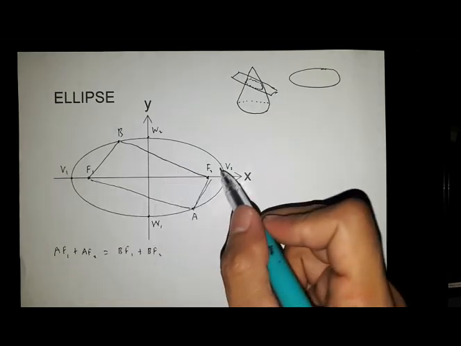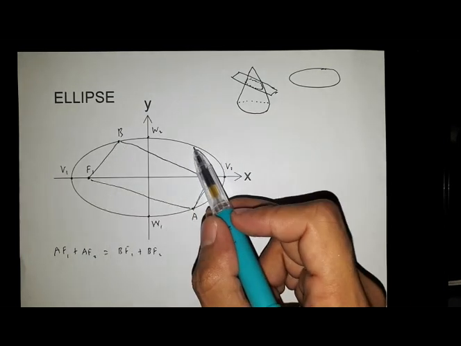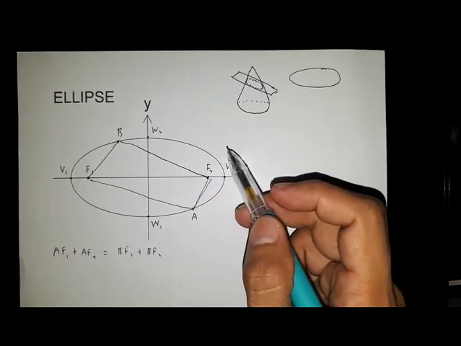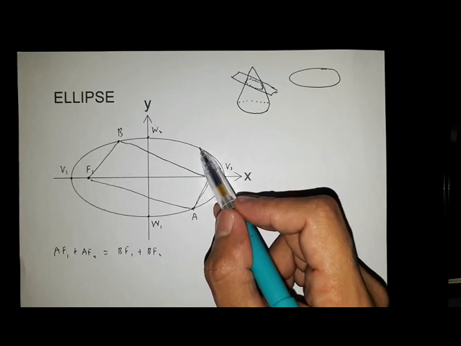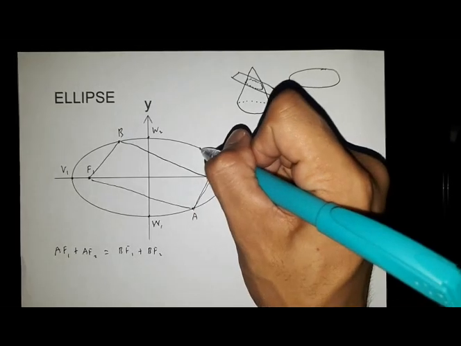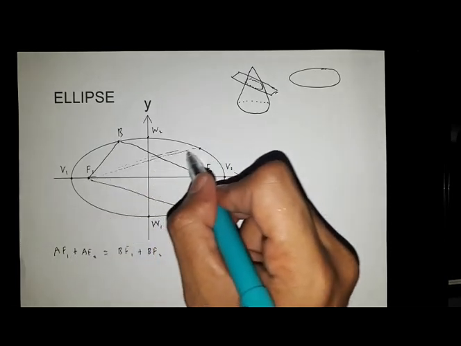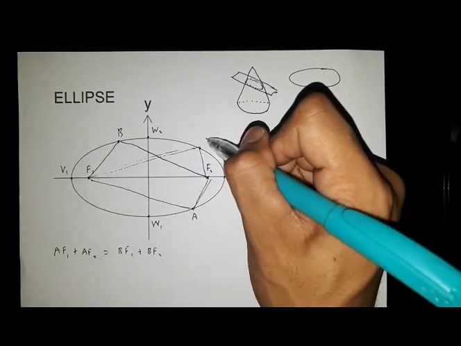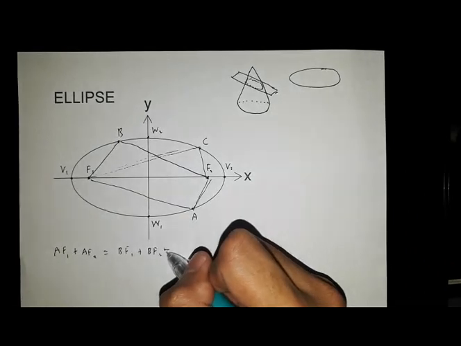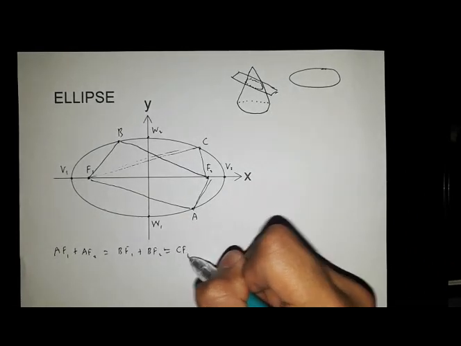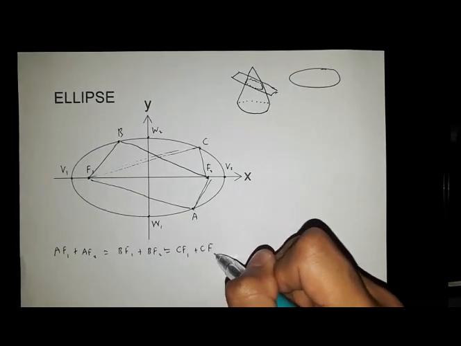So the sum of this is equal to the sum of this. Any point in the ellipse, if you add the lengths of the lines connecting the foci, those lengths are equal. So if you have here C, it is also equal to CF1 plus CF2.